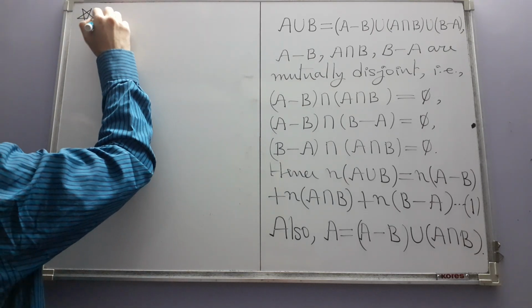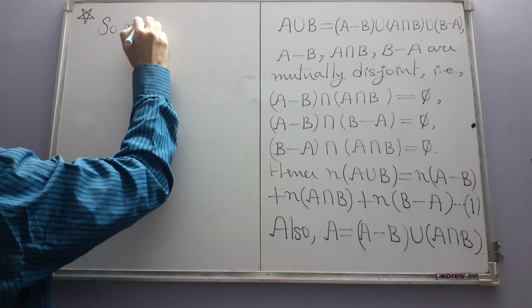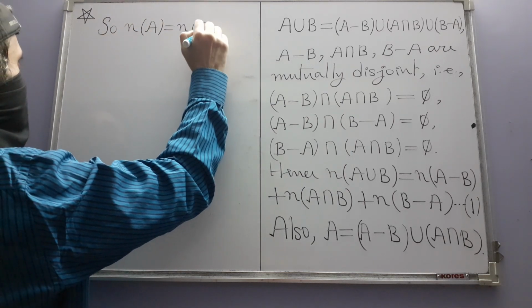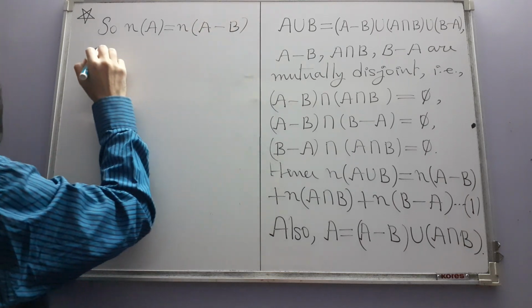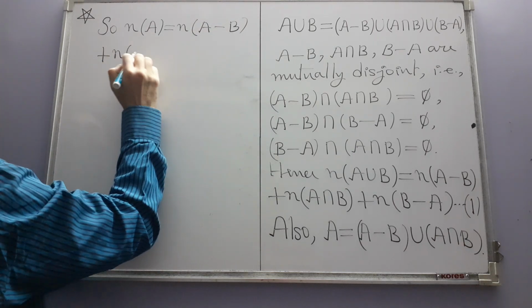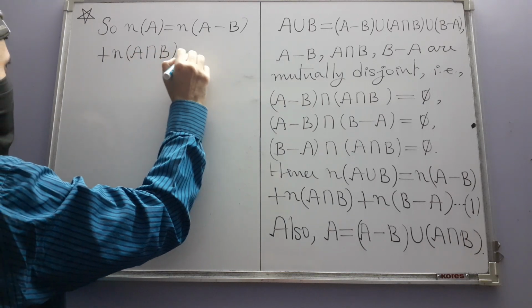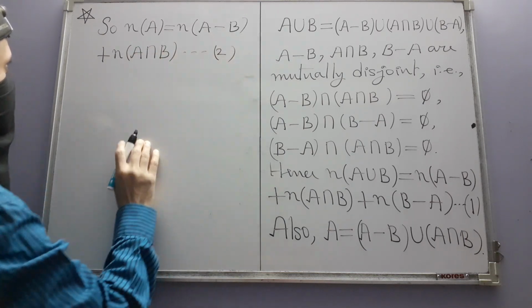So, the number of elements in A is equal to the number of elements in A difference B plus the number of elements in A intersection B. Let me call it 2.